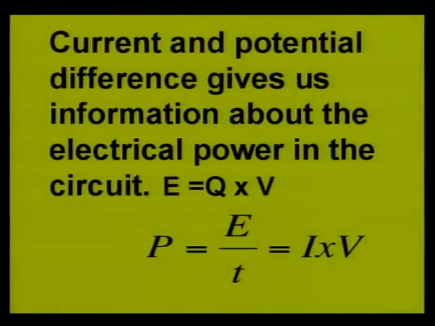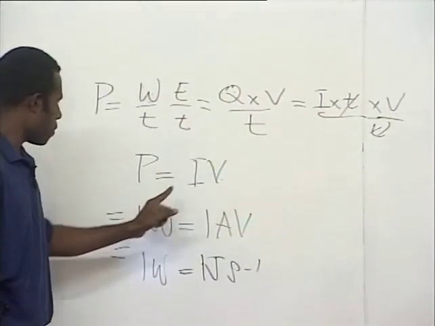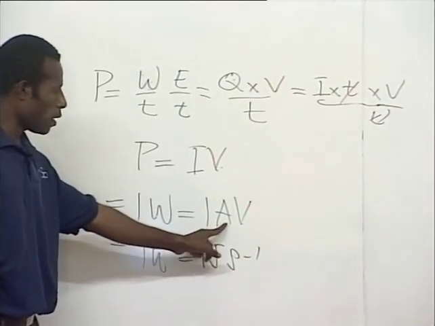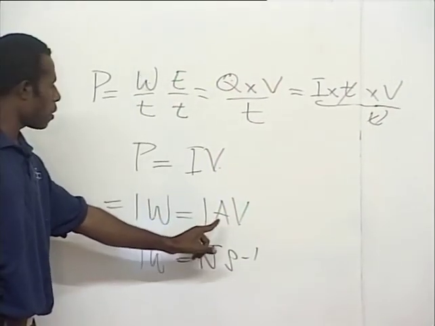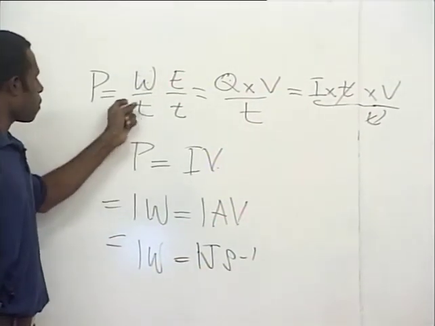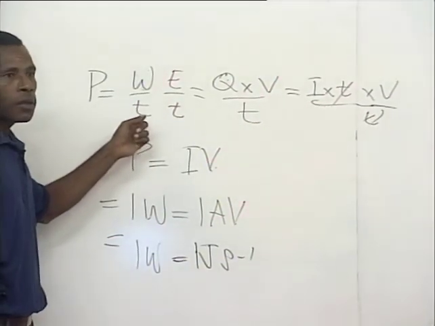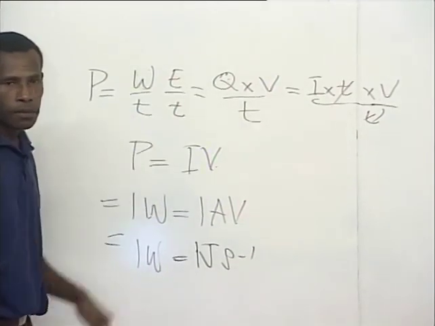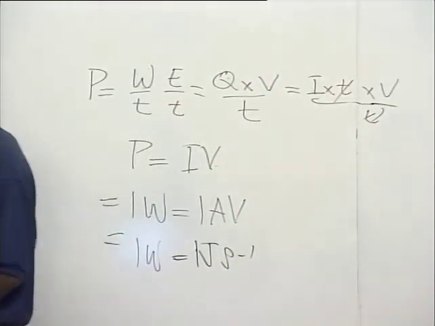All right, we have to look at this. This one is for that equation, power equals current times voltage. So we have 1 watt equals 1 amp volt. For this one, power equals work over time.